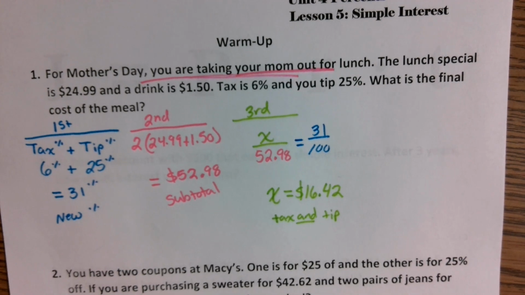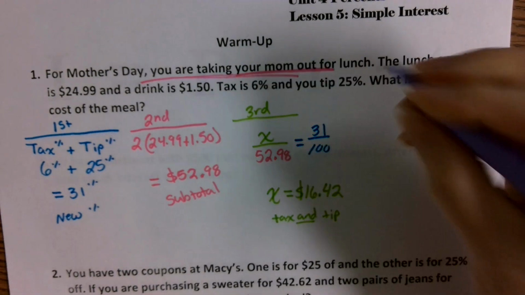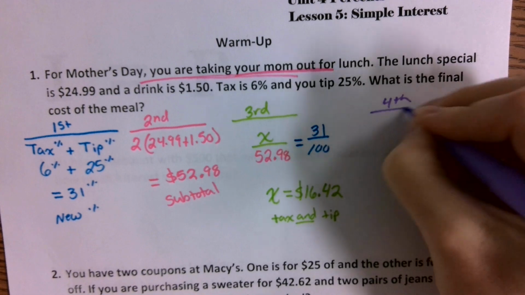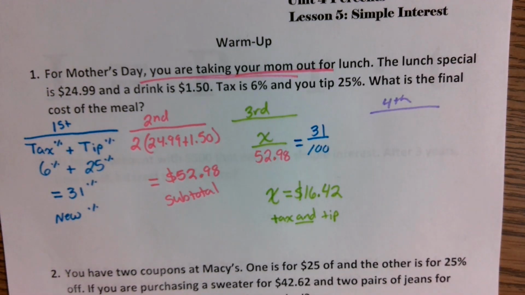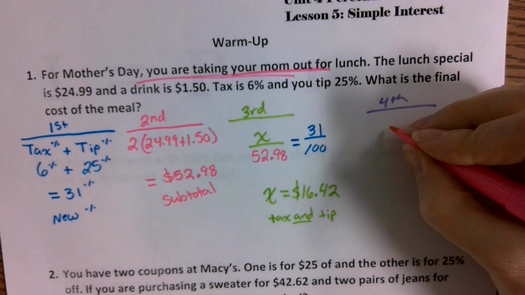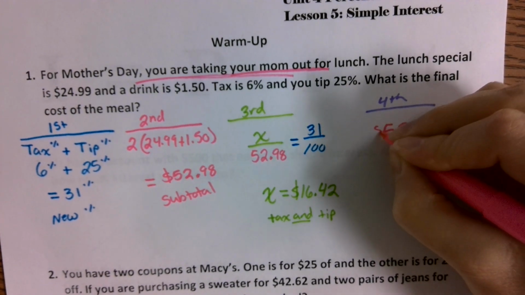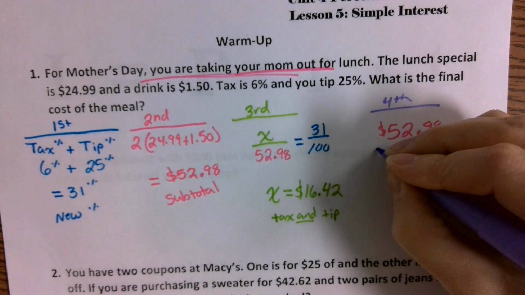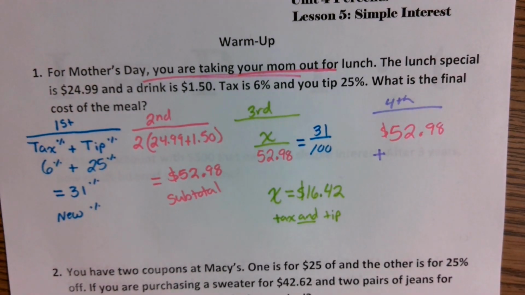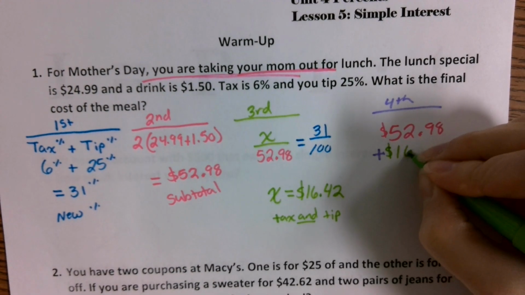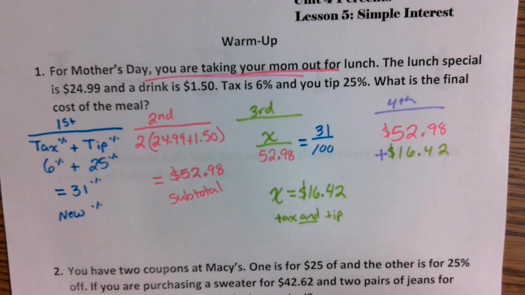Okay. Our last step, our fourth step, is to go ahead and combine. So what we're doing is we're taking that subtotal of $52.98 and we are going to combine it with our $16.42.